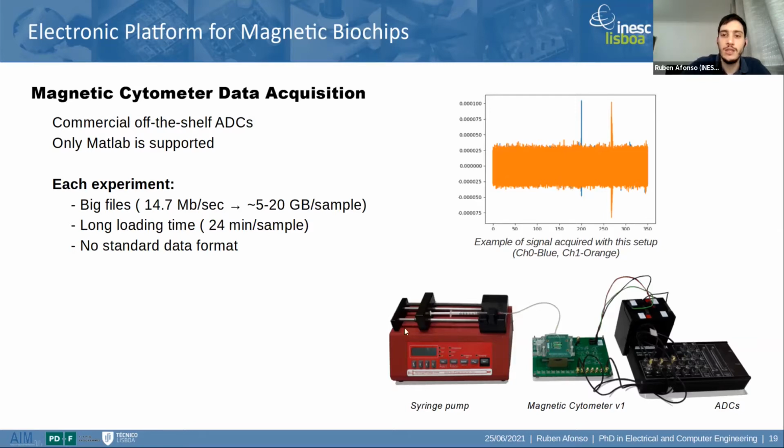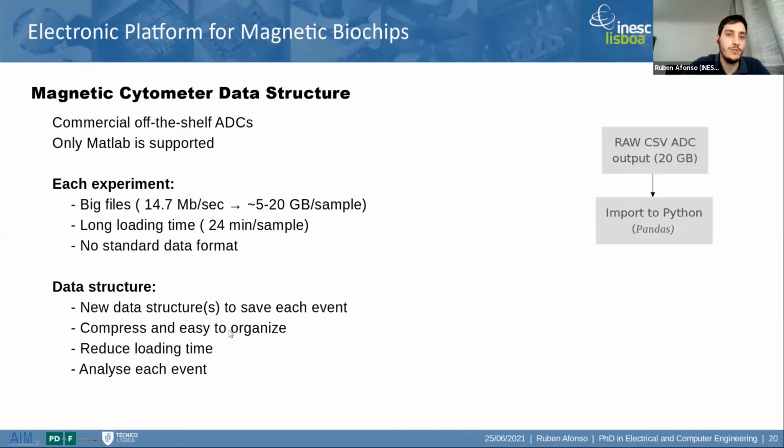However, this data is stored in raw CSV files, and we have a throughput of 14.7 megabytes per second. Since each experiment takes around 20 minutes, at least 16 gigabytes of data is generated and must be stored. Then, when we need to load this data, it took almost 20 minutes to load into memory. So we need to find a solution.